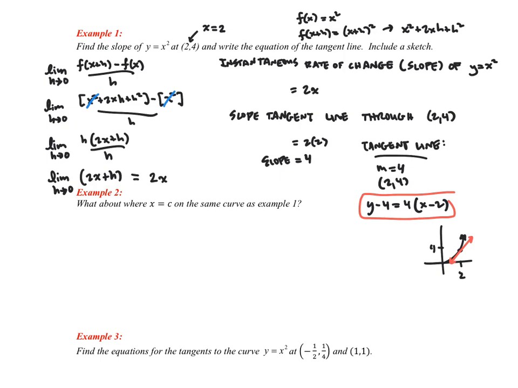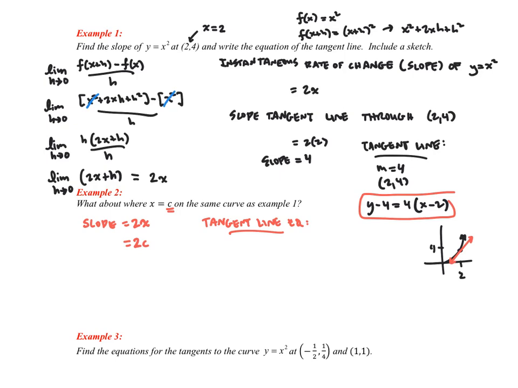Okay, what about where x equals c on the same curve? Okay, so all I'm going to do is take the slope of the tangent line anywhere on the curve. So the slope is going to equal 2x. Well, when x equals c, that means the slope will be 2c. Now I do need a point, so the tangent line equation will require a point.